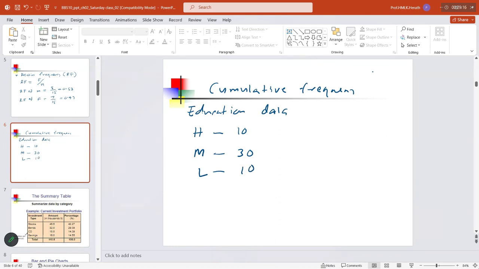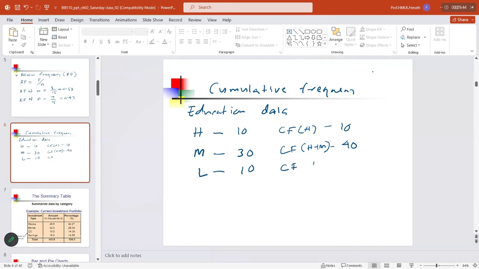Now we can get cumulative frequencies. The cumulative frequency at high is only 10. The cumulative frequency at high plus medium is 40.